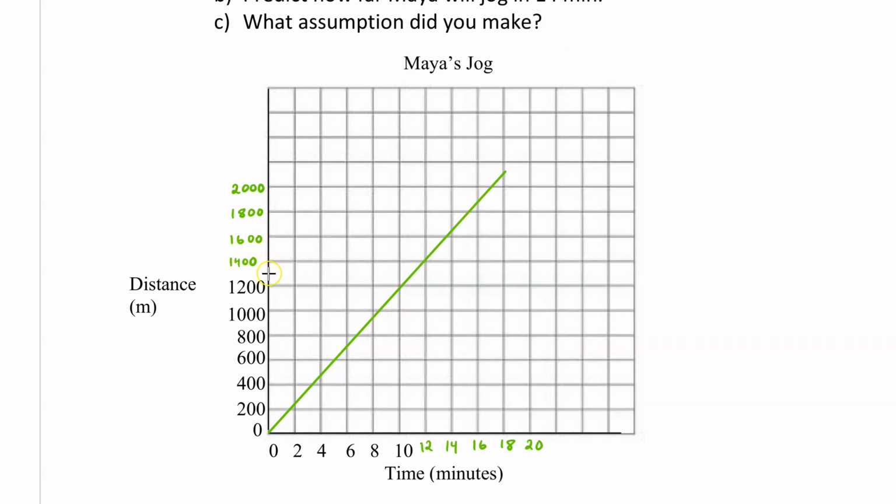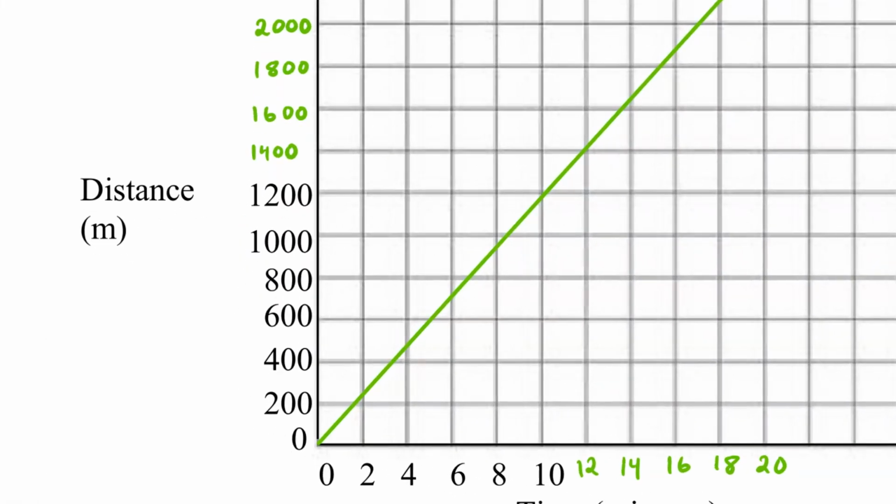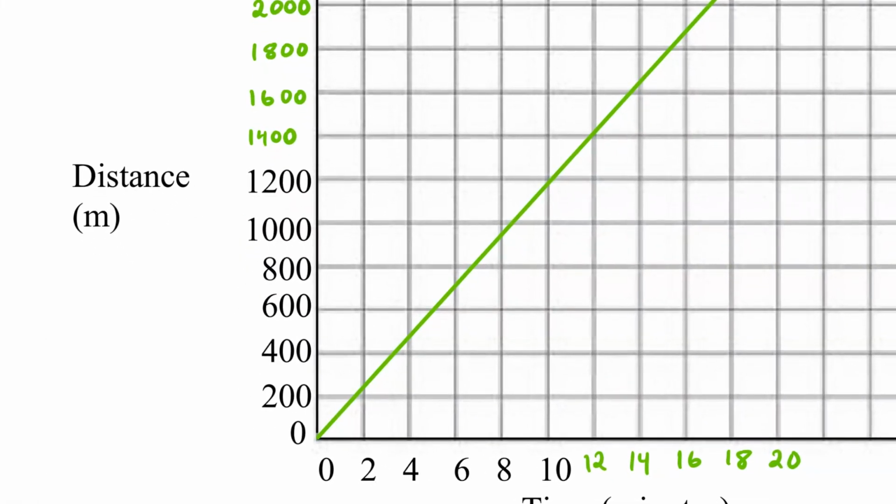And we want to find 1,350 meters. Well, each line is 200. So we're going to fall right in between 1,300 and then a quarter way through. So we're looking at 3/4 of the way up would be approximately where 1,350 would be.